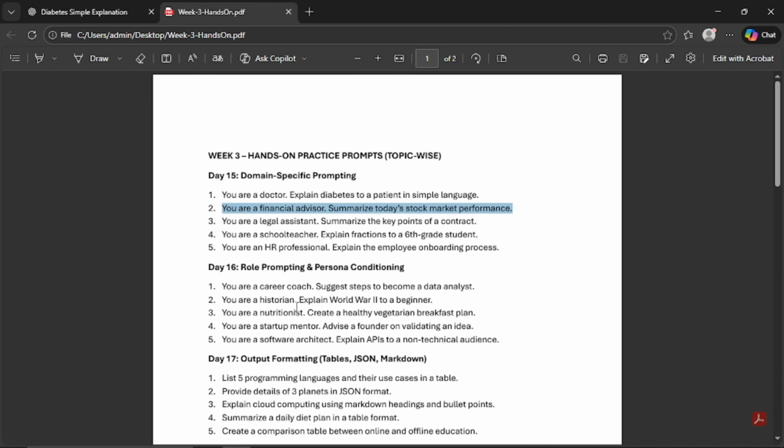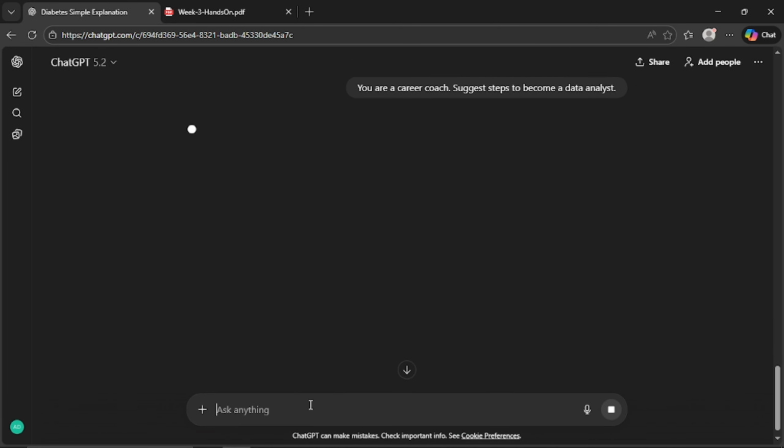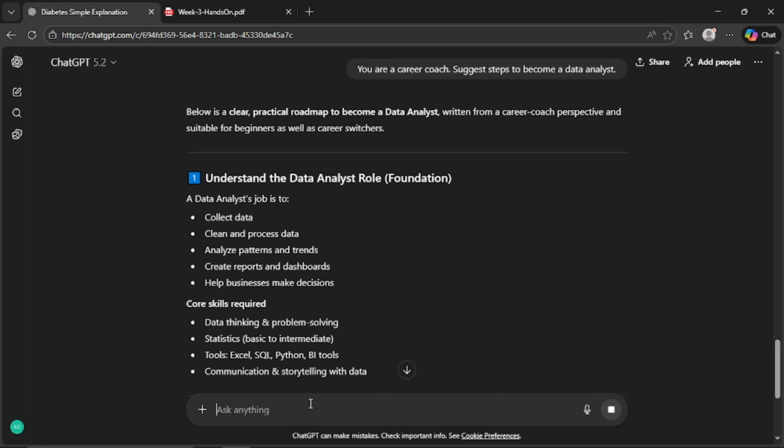Now when you talk about role prompting or persona conditioning, you actually give it a persona, like you are a career coach, and then you ask ChatGPT to suggest steps to become a data analyst. So here I'm giving it a role, creating a persona, and asking ChatGPT for a suggestion.